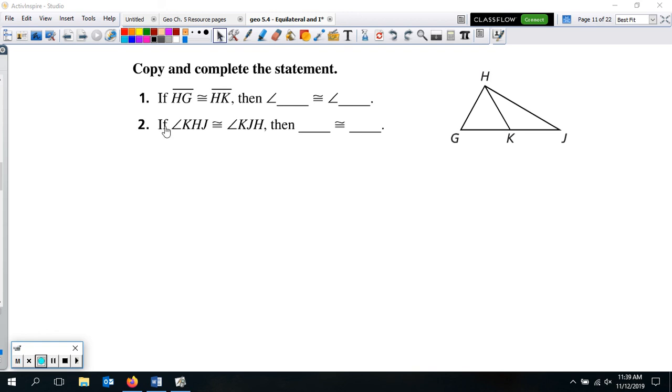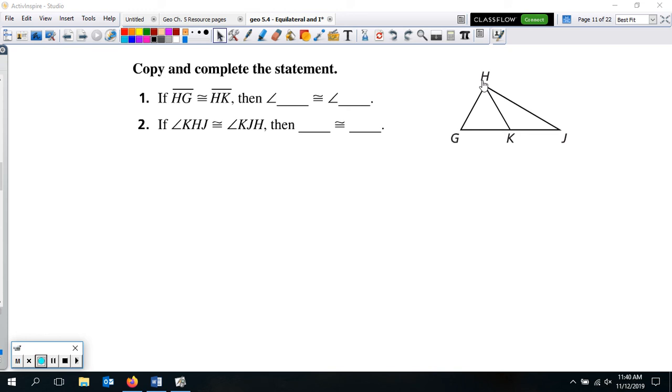Okay, so on this one, we're going to just again watch this one because the first four on our extra practice are going to be like these. It says if side HG is congruent to side HK, then what angles are congruent? So which ones are HG? That's this one here. If HG and HK are congruent, which angles are congruent? Well, that means angle G and angle K would have to be congruent.